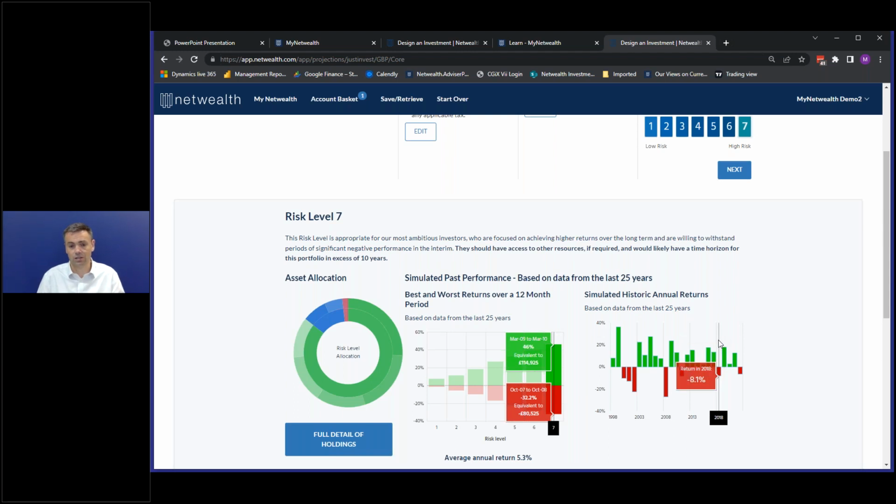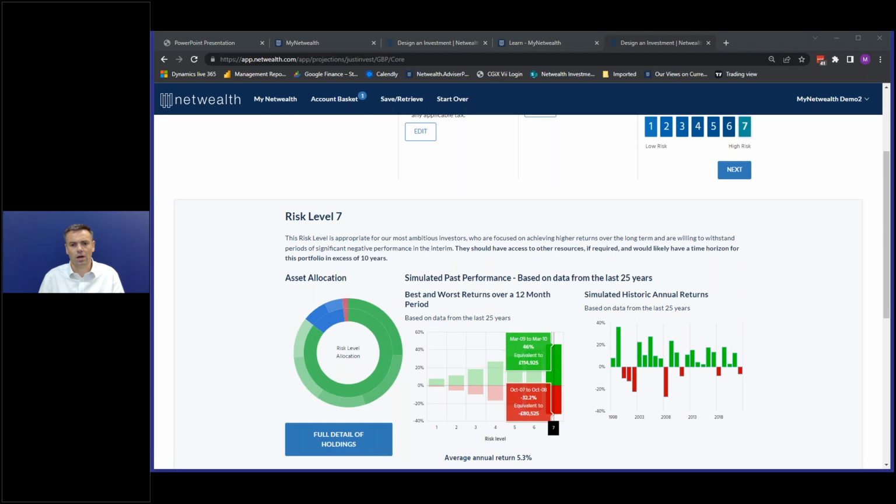So clearly, as you're up towards the upper end of our risk spectrum there at risk level 7, there are some significant periods of volatility, but in aggregate, the experience has definitely been more rewarding, because over time we would expect these more ambitious portfolios to deliver higher returns. So for a pension fund allocation, this might be more appropriate because the period for which you're investing might be that bit more extended.